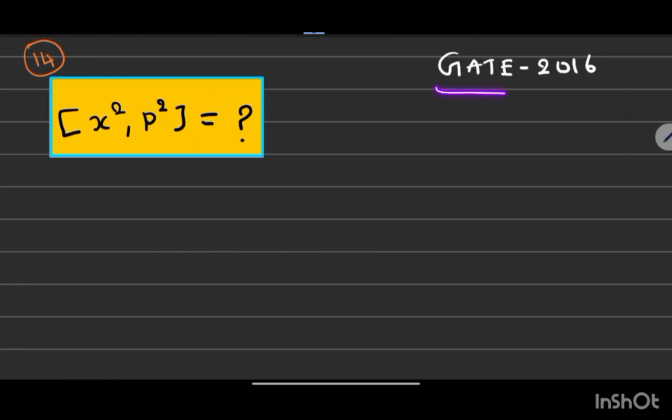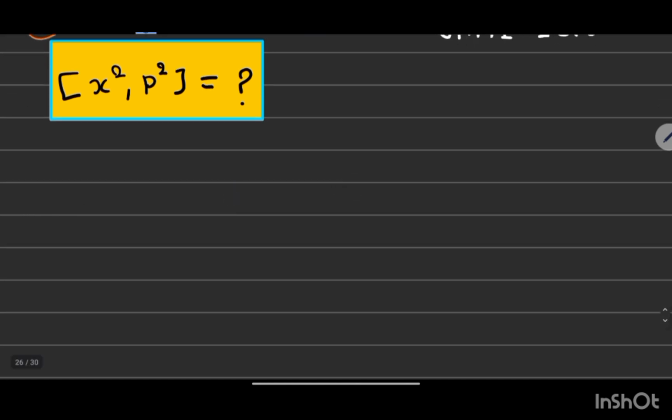Here you have a GATE 2016 question. It is asked to find the value of the commutation relation of x squared comma p squared. So here we have to use the distributivity property of the commutation relation. Whenever we have a product of two operators in the commutation, you can write [ab, c] as a[b, c] plus [a, c]b.